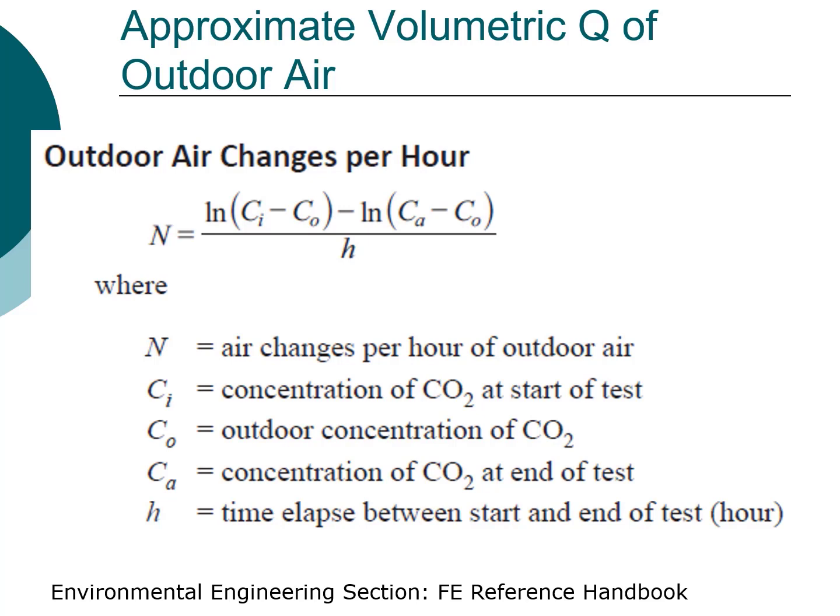In this case, we'll look at CO2, so it's based on CO2 levels, again as a tracer gas, and it's also based on an exponential decrease in CO2 levels over time. What we measure is the CO2 at the start of the test, the outdoor concentration of CO2, and the concentration of CO2 at the end of the test, and the time lapse between the start and end of the test.